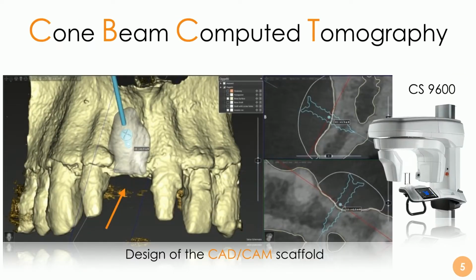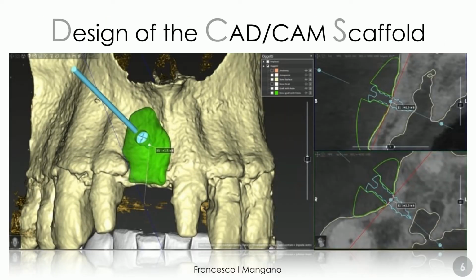As you can see, the cone beam computed tomography is the first step. We need to acquire the anatomy of the patient, the anatomy of the bone, then the 3D reconstruction, and in specific software we can start to design the computer-assisted design, computer-assisted manufacturing scaffold. So the first phase is the data acquisition and the second phase is the planning. We can already plan the scaffold according to the soft tissue and the hard tissue anatomy, obviously.